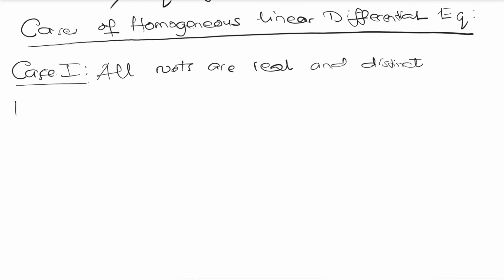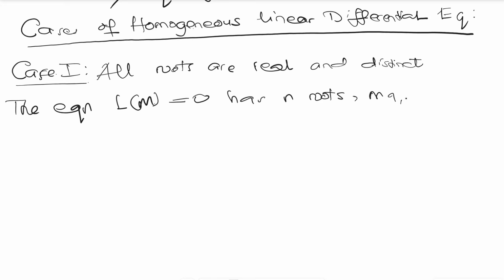That means the equation we said earlier, L(m) is equal to 0, has n roots, that is m1, m2 and mn. How is the solution?